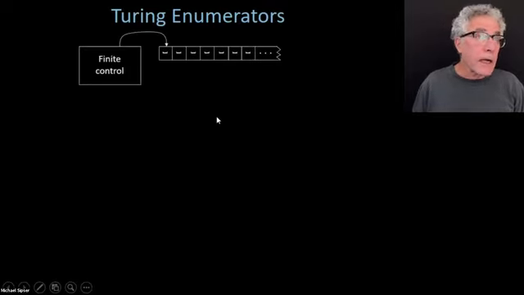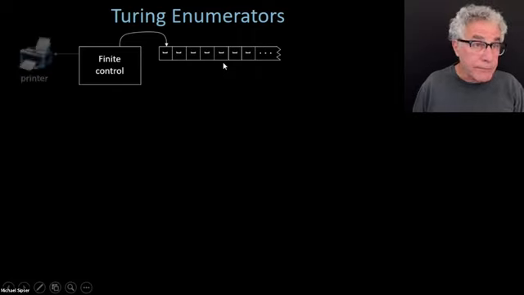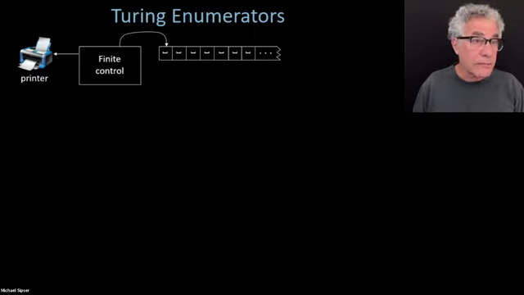Here, it's going to operate somewhat differently. First of all, we're going to enhance the Turing machine model. It's going to now have just a single tape, but it's also going to have a printer. So we're now adding this new device into the Turing machine called a printer.